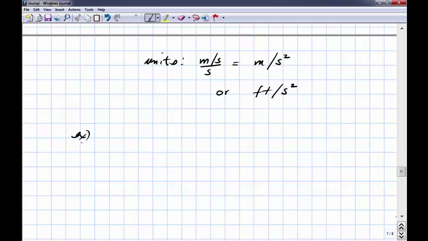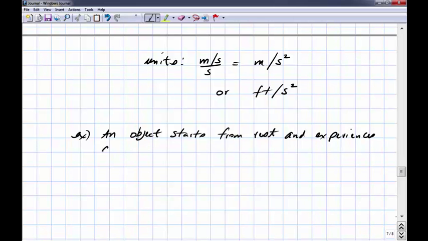So in this example, we'll introduce an object that starts from rest and experiences an acceleration of 2 meters per second squared. What I'd like to do is to complete the following table.